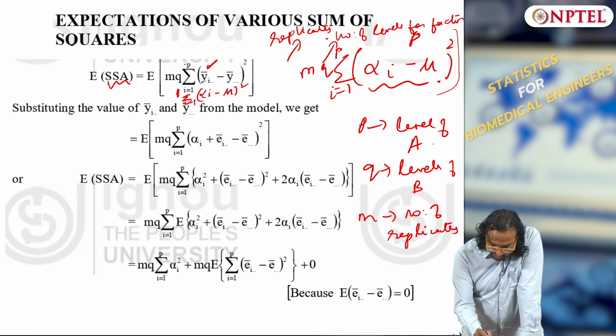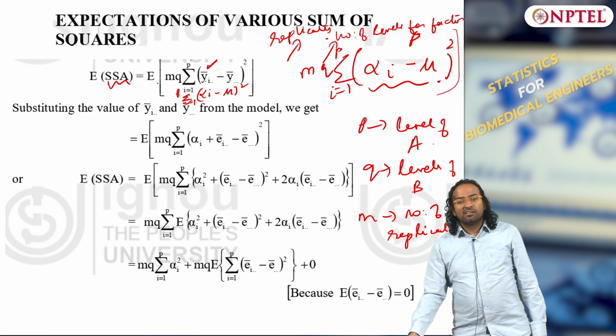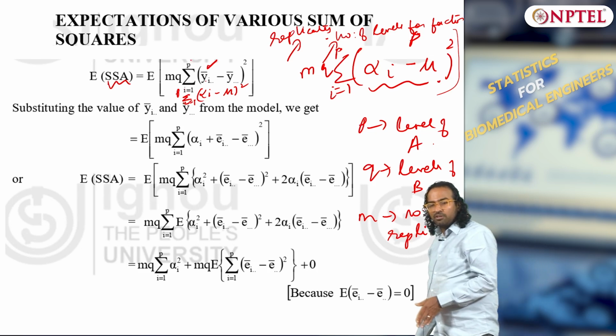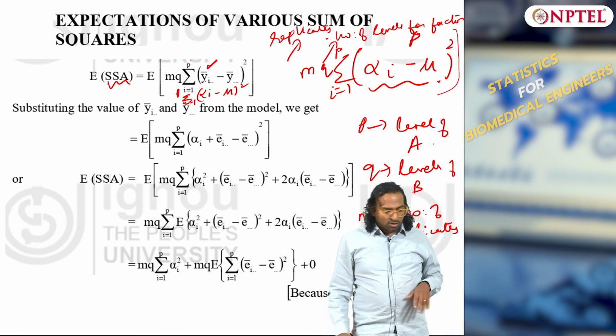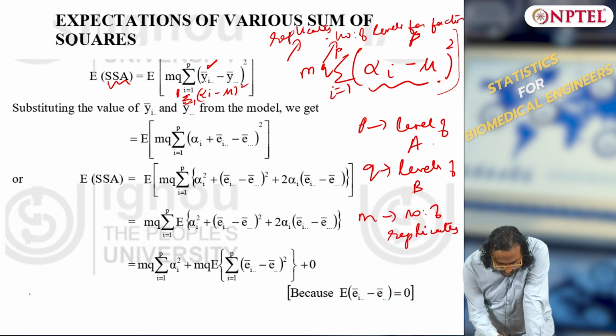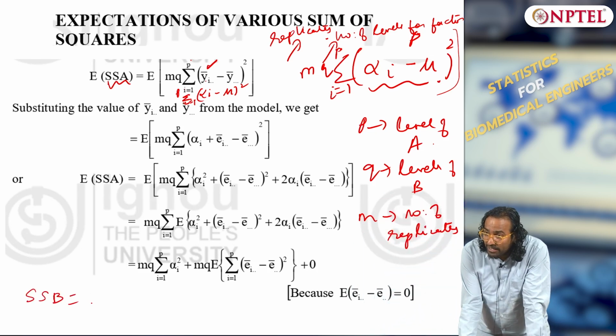and M is number of replicates. So this part is alpha I minus mu the whole squared for all levels, and for how many data? M replicates, each having Q columns, which is the levels of B. So if you go by that, what will be sum squared B?